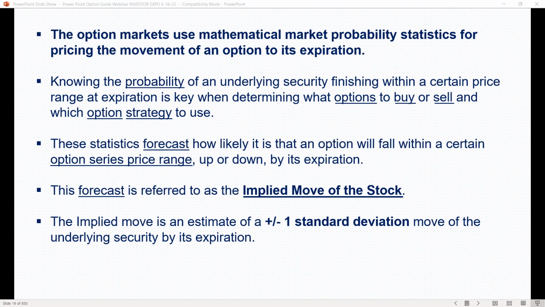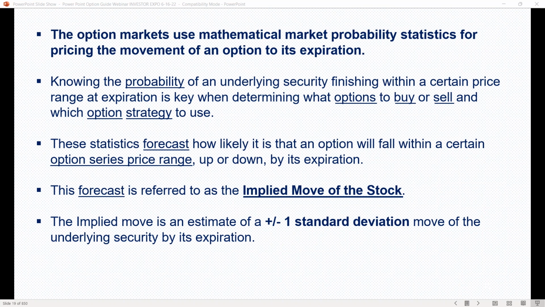These statistics forecast how likely it is that an option will fall within a certain option series price range, either up or down, by its expiration. And this forecast of that price range up and down is what we refer to as the implied move of the stock, or you might hear it talked about as the expected move.